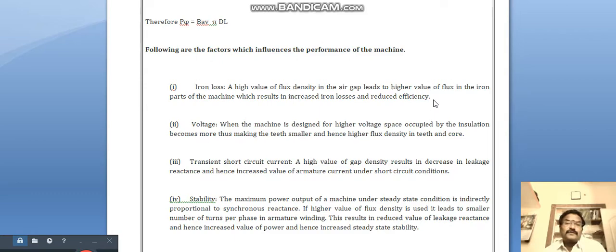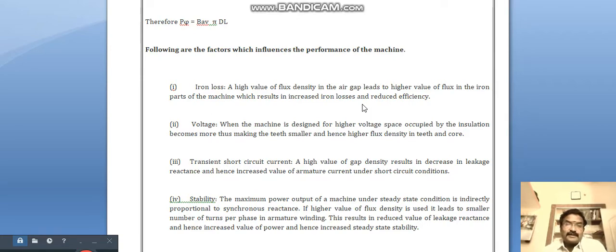So if you go for a high value of flux density, the iron loss will be more, and because of this the efficiency also will reduce.